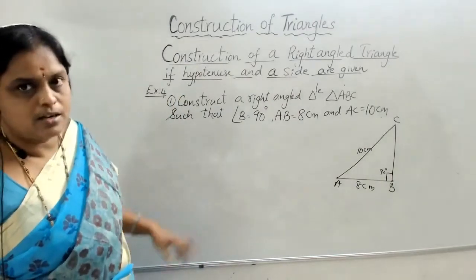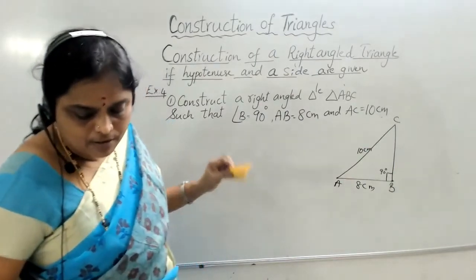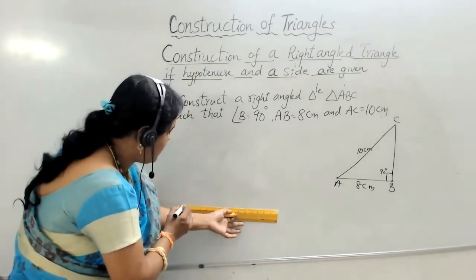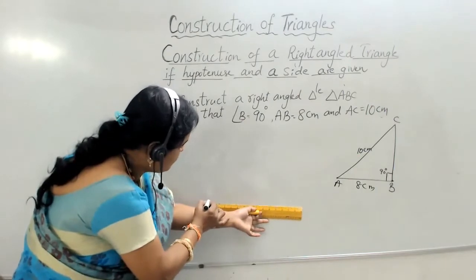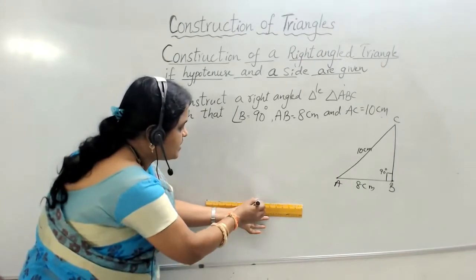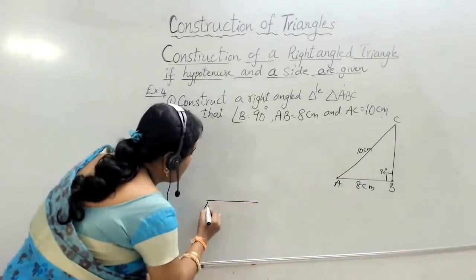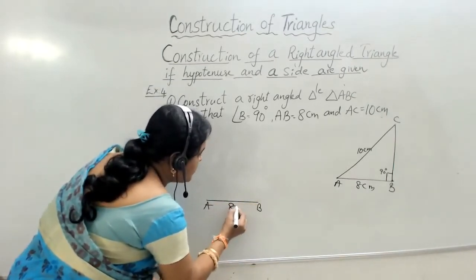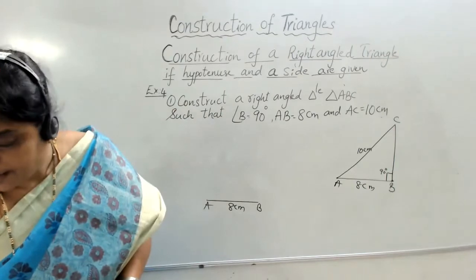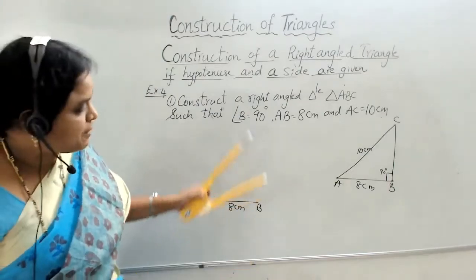Now let us construct the triangle. Take the scale and draw a line segment AB such that AB is equal to 8 centimeters, with a right angle at B. Now draw a ray BX perpendicular to AB.